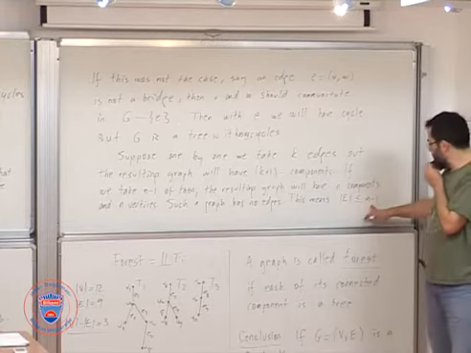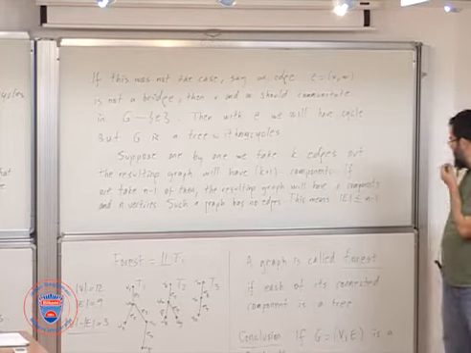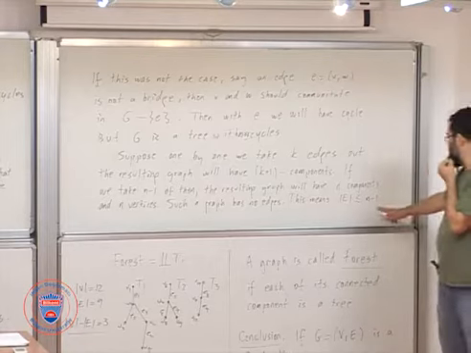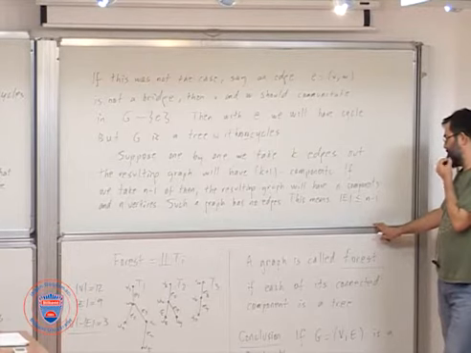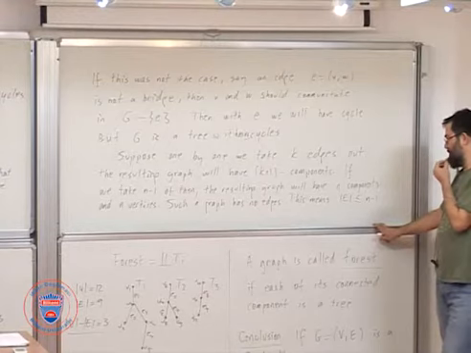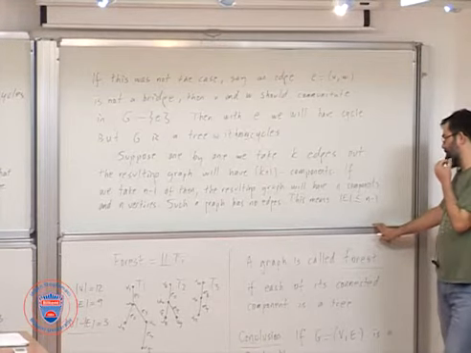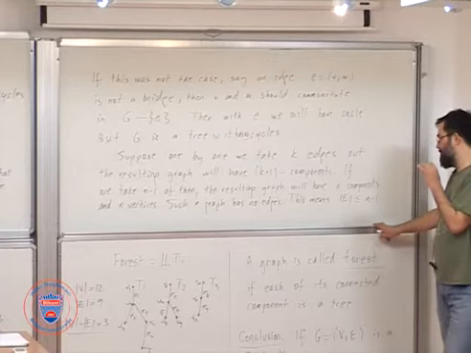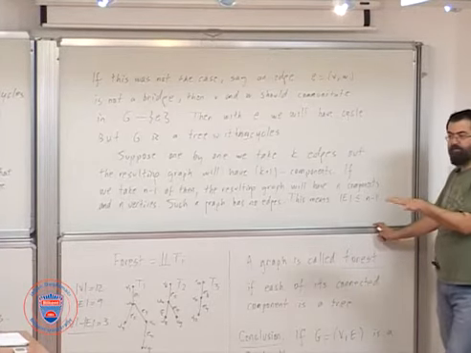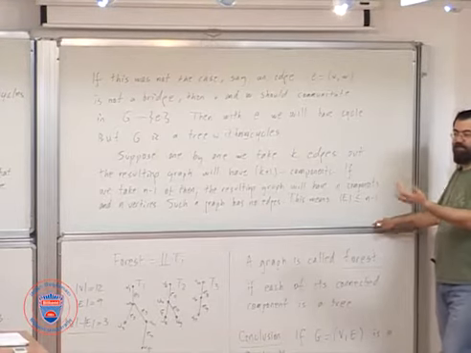I mean, this only means this, but you can also see that if you have less than this, then your graph cannot be connected because you run out of edges too fast, basically.